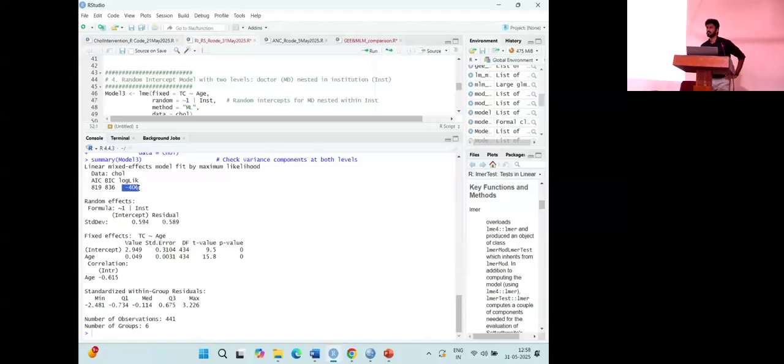That is the data. Do you remember? I would recommend the Twisk book for multilevel modeling. It is a very easy to read book. They have used MLwiN software, so it was written some time back, maybe 20 years ago.